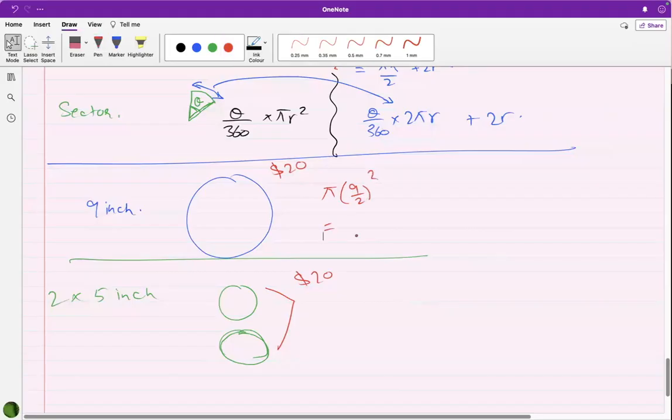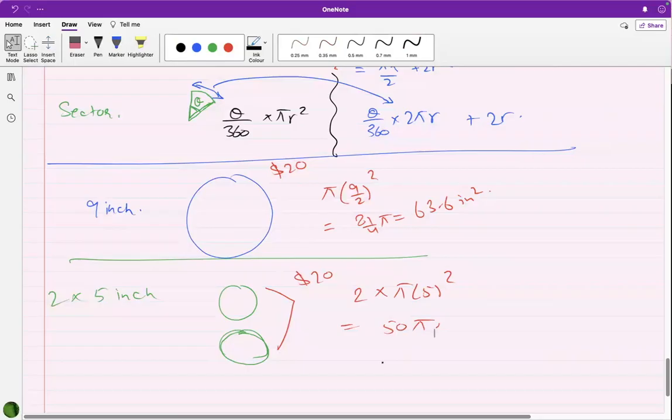I'm working that out. 4.5 squared times pi gives me 81 by 4 pi, and in decimals it gives me 63.6 inch square of pizza for $20. Now let's work out this. 2 times pi times 5 squared. 5 squared is 25. 25 into 2 is 50 pi. So it's not equal.